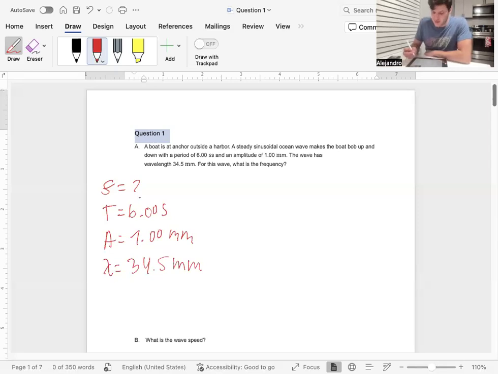We should know that there is a relationship between frequency and period, and it is given by the formula: frequency is equal to 1 over period. We know the period is 6 seconds.